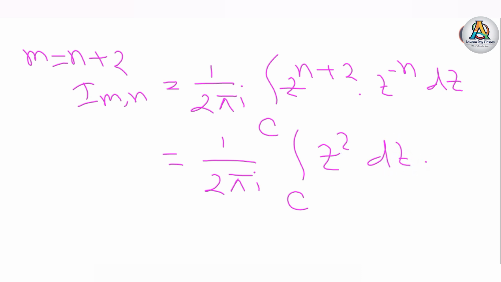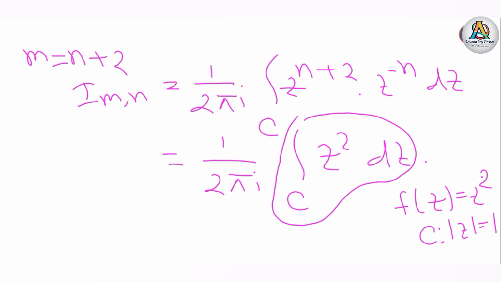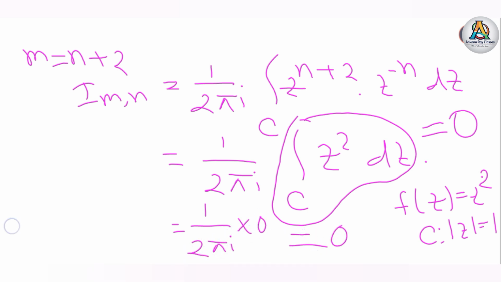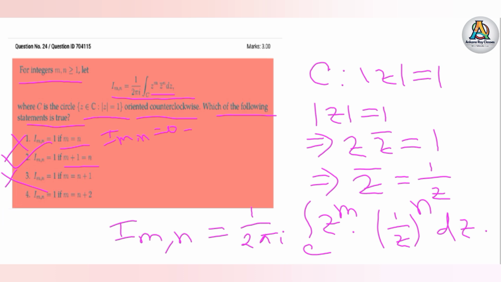Similarly, here we can use the Cauchy-Goursat theorem where f(z) equal to z square is analytic inside and on a simple closed curve C, which is mod z equal to 1. So the value of this integration is equal to 0. Therefore, 1 by 2 pi i into 0 is equal to 0. Therefore, option 4 is also incorrect. So, the correct answer is option 2. Option 2 is the correct option. Thank you.